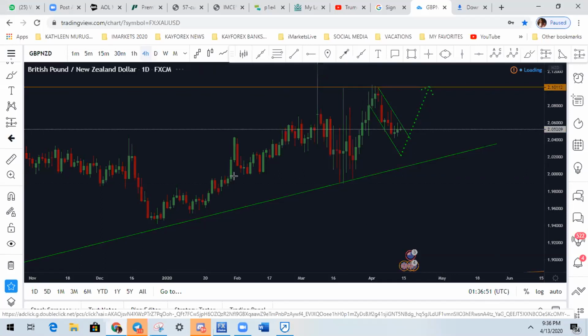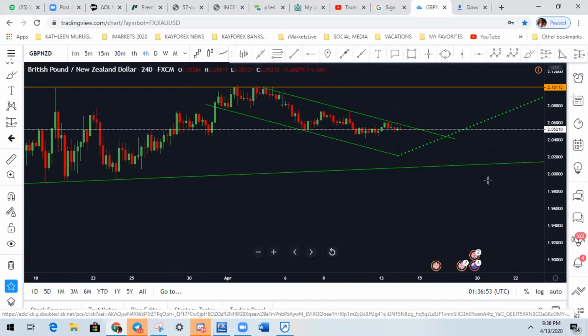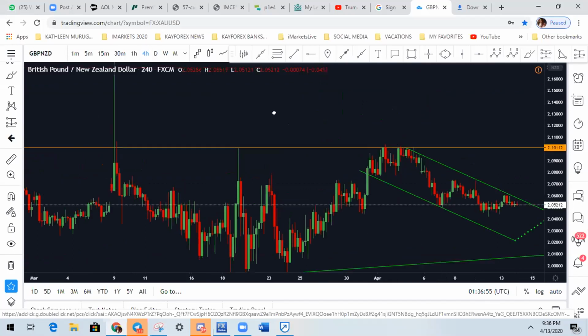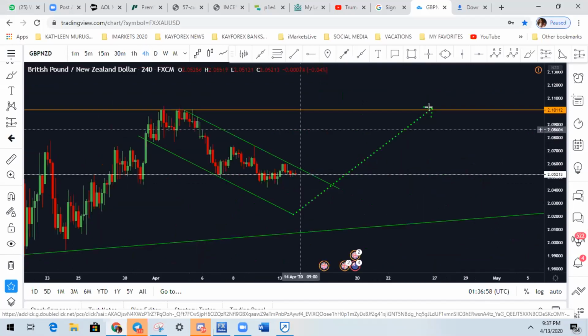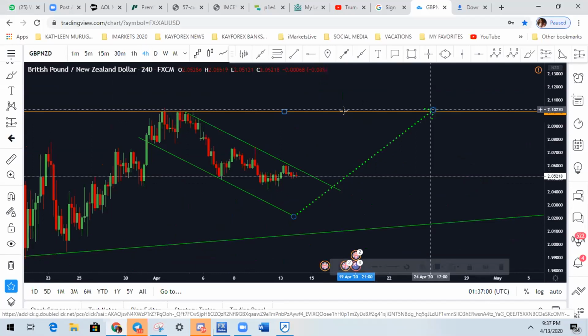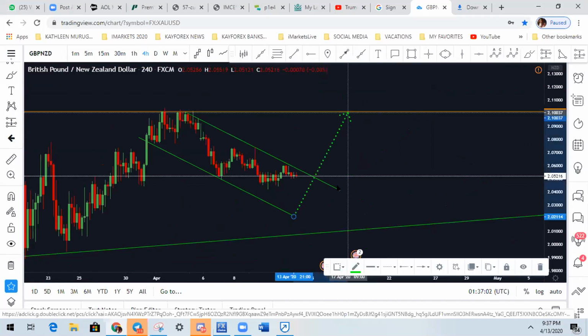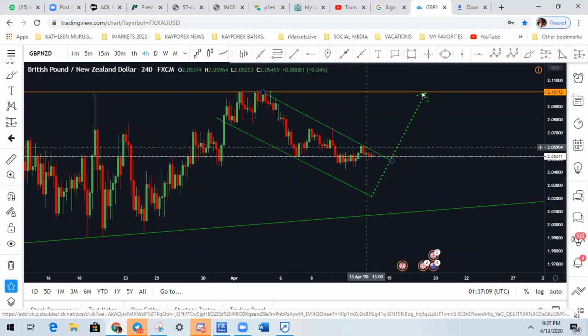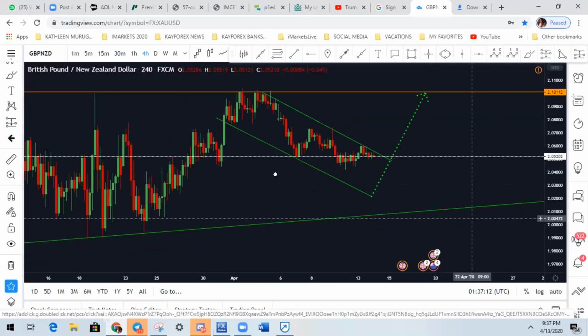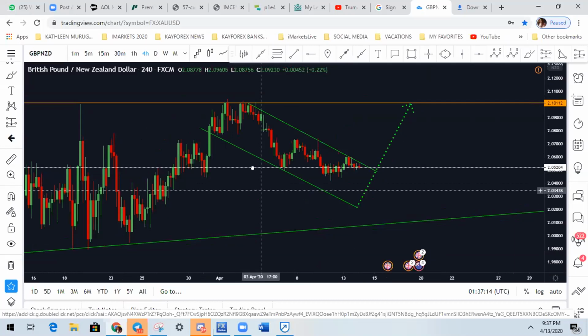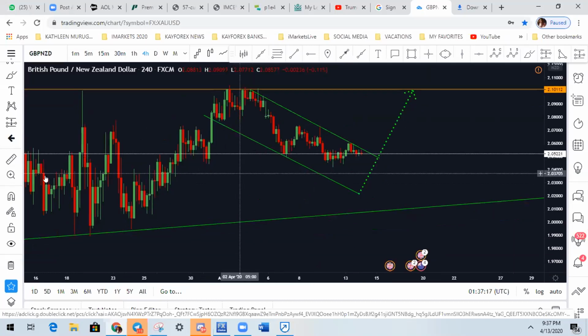So on the 4-hour, now we start trying to look for entries, and remember, you never want to go against the trend, and we are expecting this thing to drop once it gets here. But that doesn't mean that you can't take the trade.